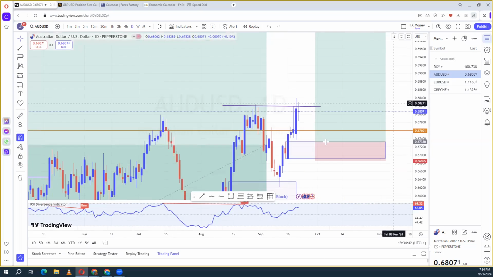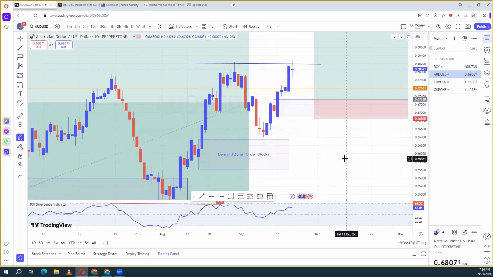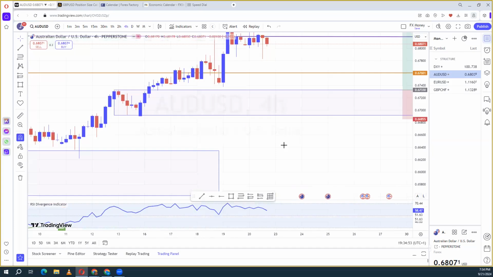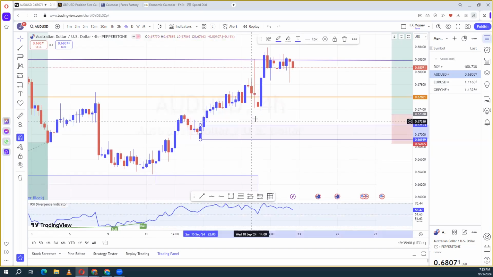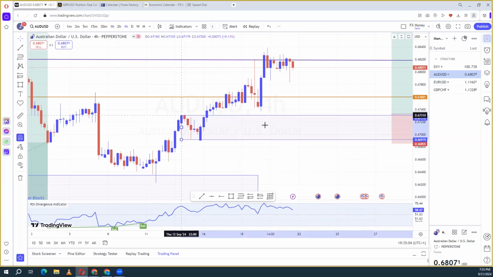So you will always see opportunities to join if you miss one. You just have to be patient. When it's gone, let it go. It will give you another one. I can guarantee that. So this will be the inducement to get into this area. You can even refine it all the way to here if you want. But if you don't want to miss at all, you can keep it here.